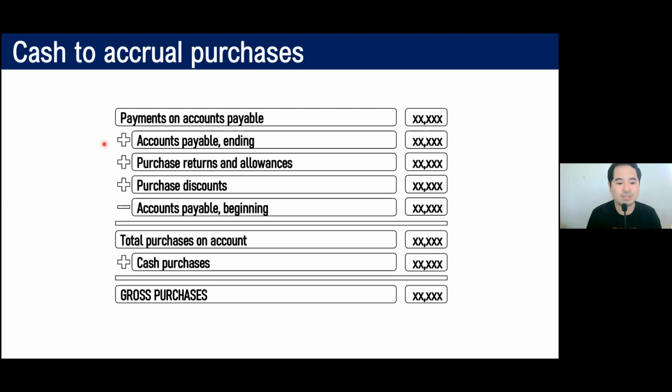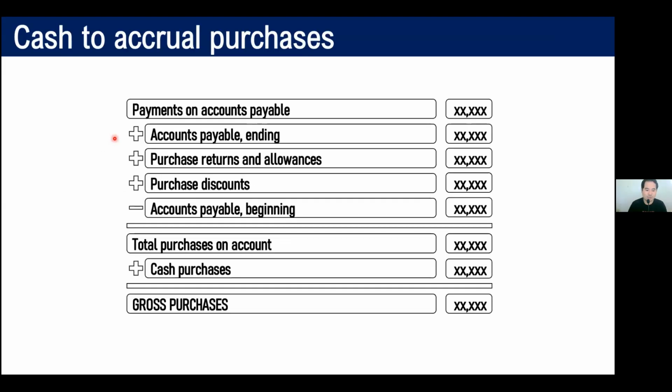Okay? So, you need to add your accounts payable at the end of the period because that represents any purchases that you have not yet paid. And then you also have to re-add your purchase returns and allowances and discounts if we want gross, because likewise, as we discussed earlier in sales, if you will not be re-adding this, then what you get is net purchases right away. Okay?